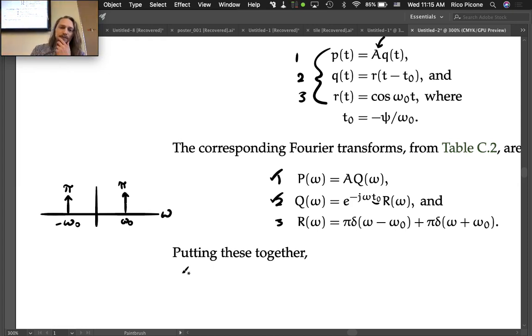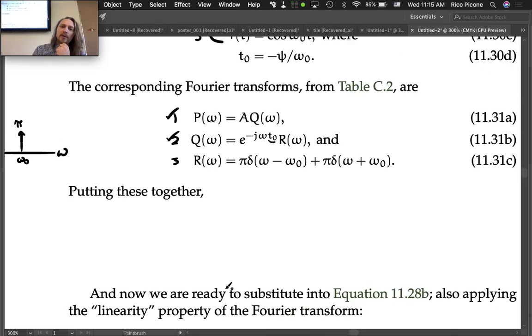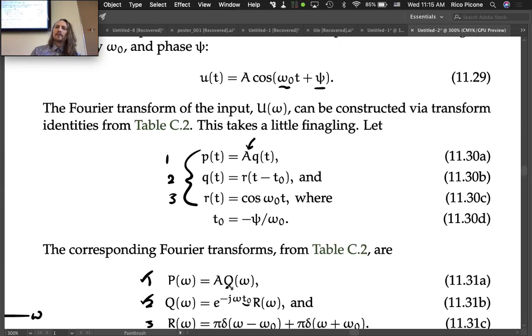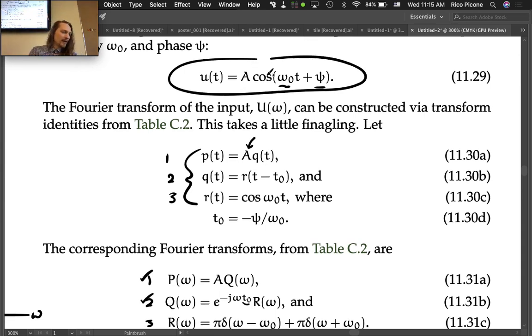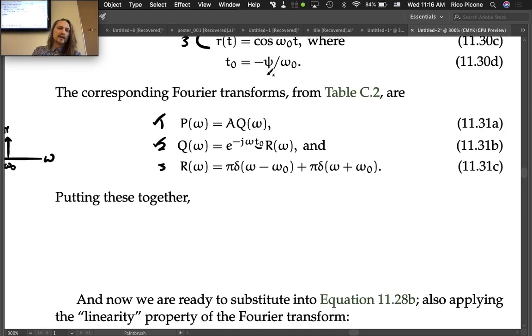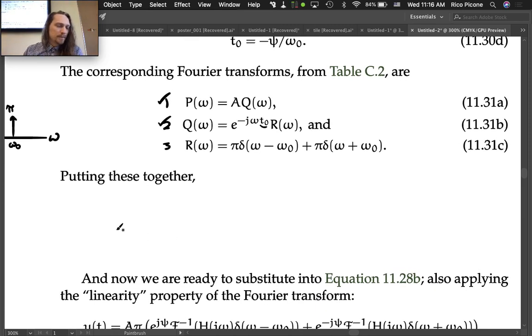Okay, so great. Putting all these together, we're still just trying to take the Fourier transform of this expression, right? We got all our little steps. We broke it down, and now we can do it all at once, and we get U of omega equals A pi times, so we're going to have a pretty big exponential here.